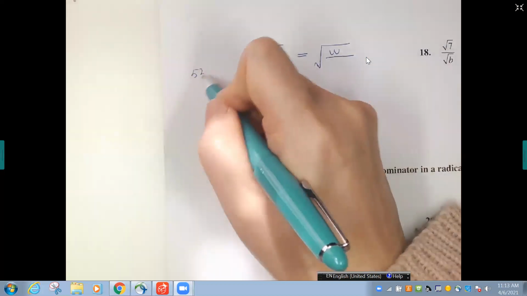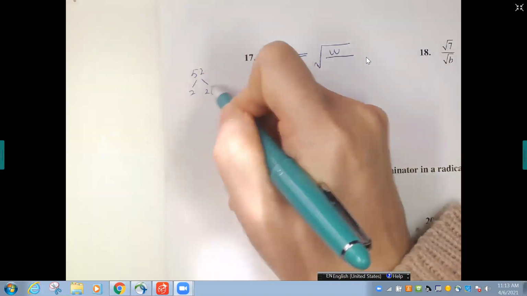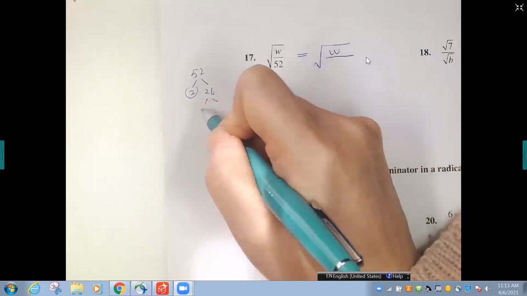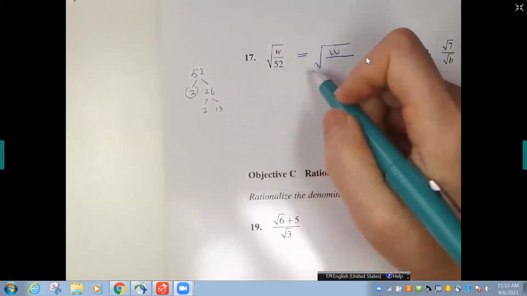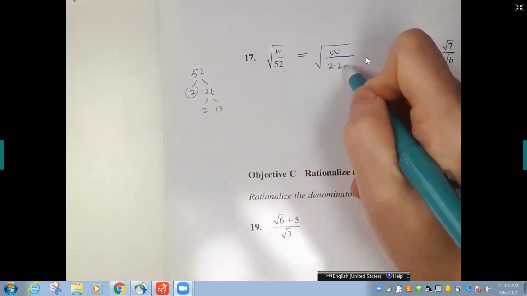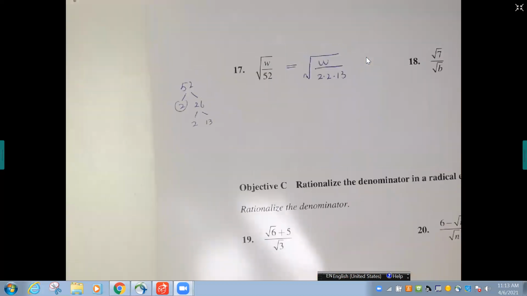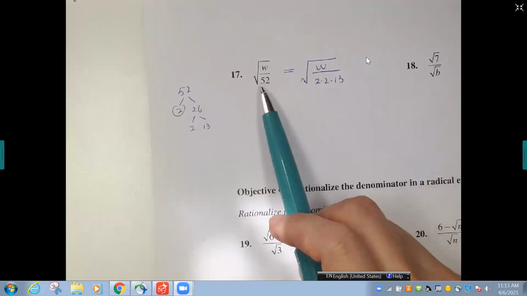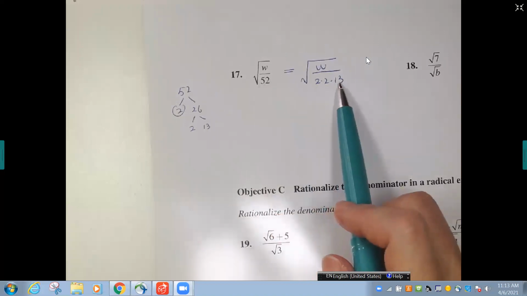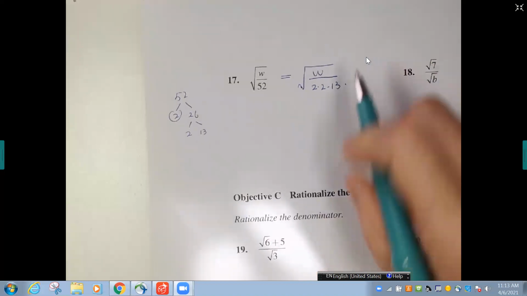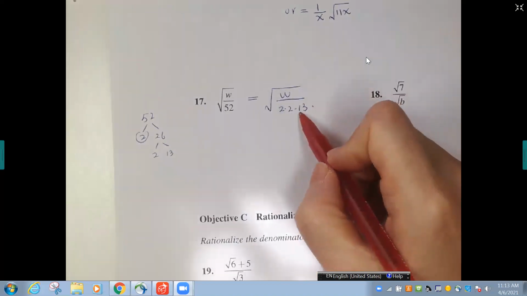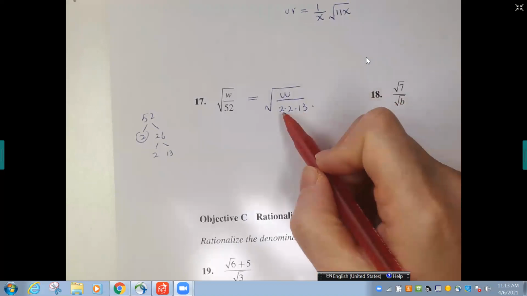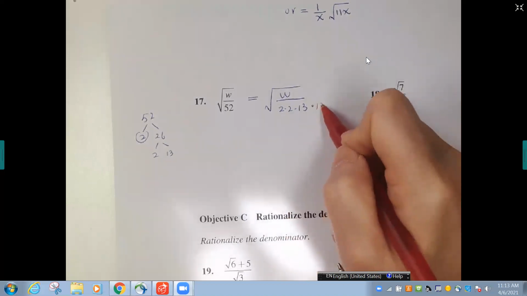So 52 equals 2 times 26, and 26 equals 2 times 13. So the denominator is 2 times 2 times 13. So instead of multiplying by 52, we only need to multiply by 13, then we can turn the denominator into a perfect square because we have two 2's already. We only need another 13.